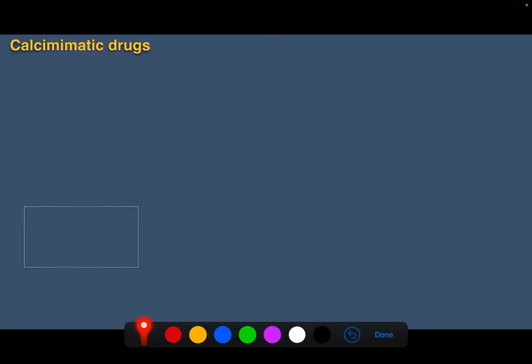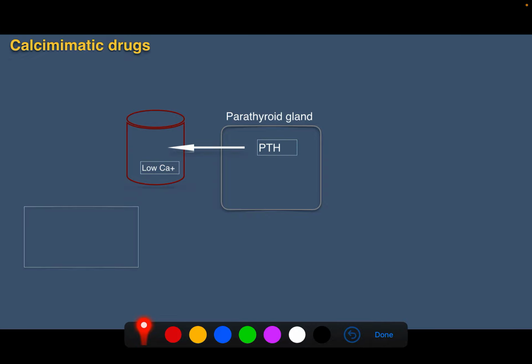Now, calcimimetic drugs. What are these? To understand that, first we will have to learn how exactly the parathyroid glands release parathyroid hormone. Let's say this is the blood vessel and this is a parathyroid gland. Whenever there is low calcium in the blood, parathyroid hormone is released in the blood. Why? Because the job of parathyroid hormone is to increase blood calcium.